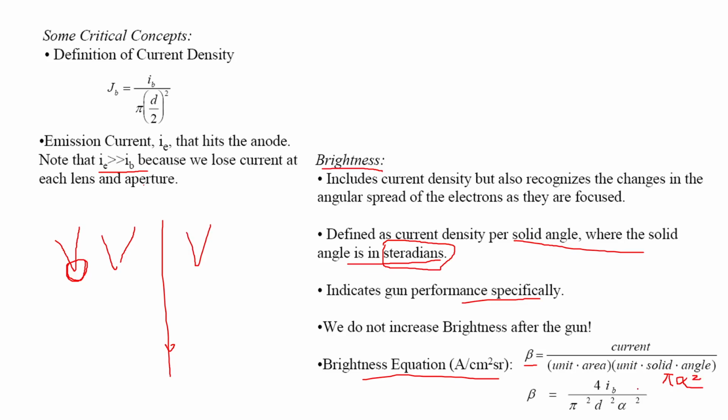So the current is IB, the unit area is pi d square by 4, and the unit solid angle is pi alpha square. Combining all these, we get the brightness equation in ampere per centimeter square per steradian: beta equals 4 IB divided by pi square d square alpha square.